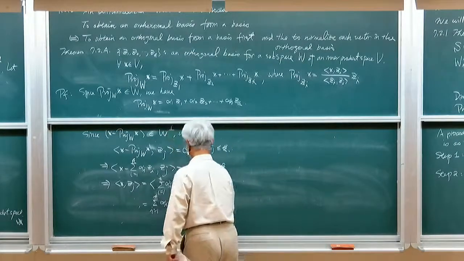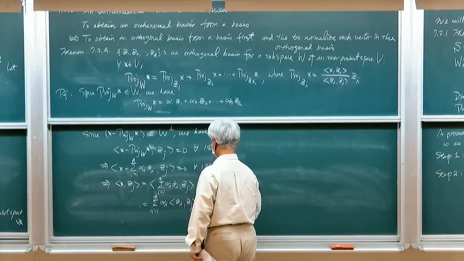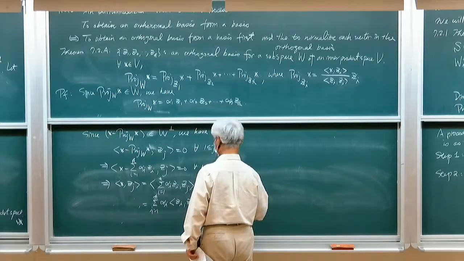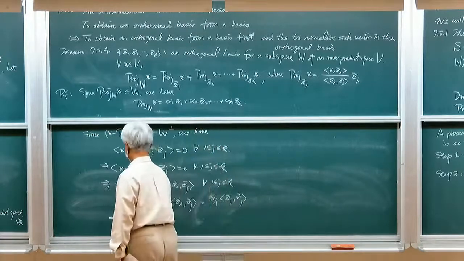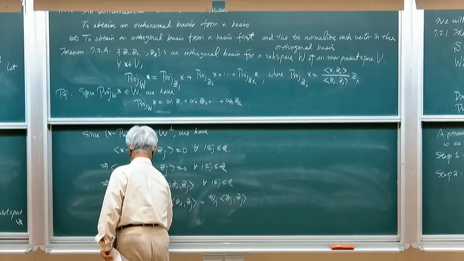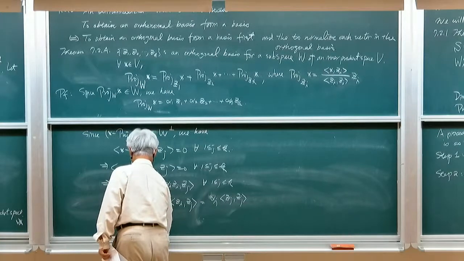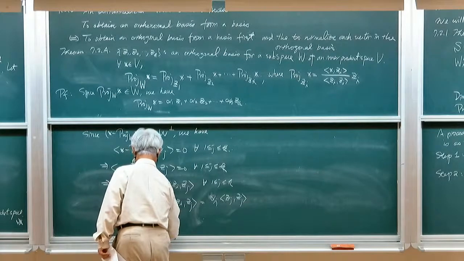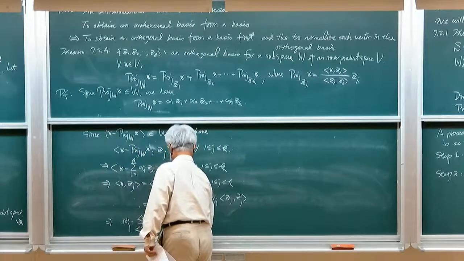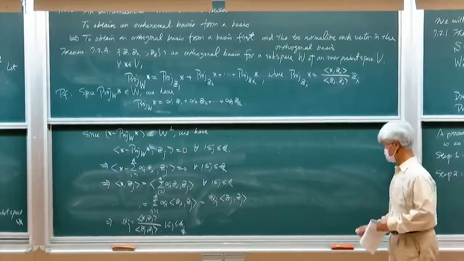So this is equal to alpha_j <zj, zj>. That means alpha_j equals <x, zj> over <zj, zj>, and we have done.